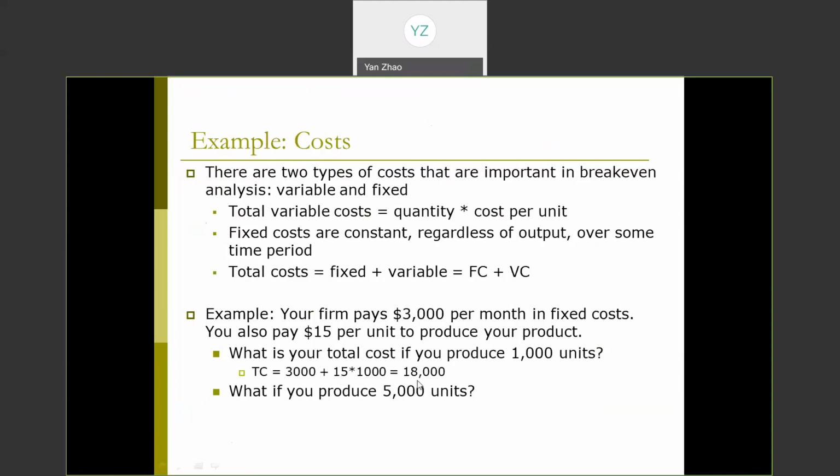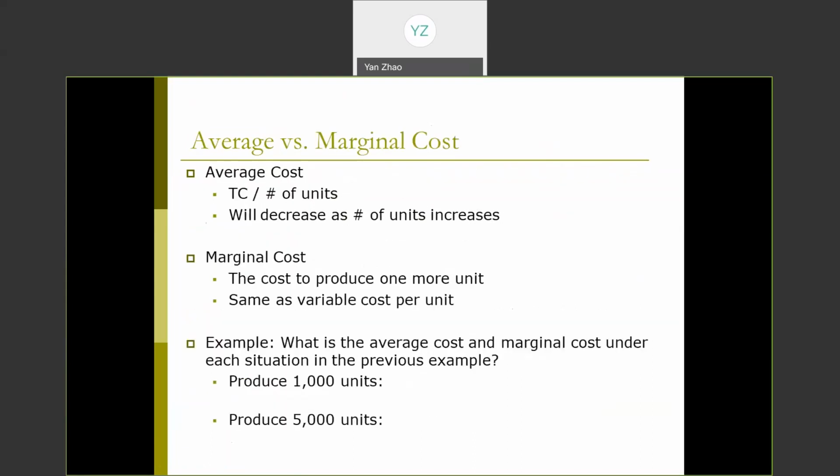So the total cost will be $18,000. If you produce 5,000 units, the fixed cost will be the same, but the variable cost will be higher because now you are producing more units. So the total cost will be $78,000.